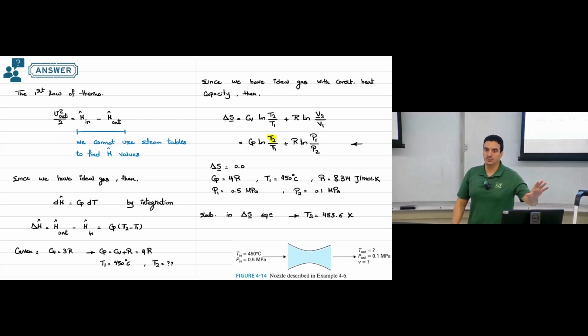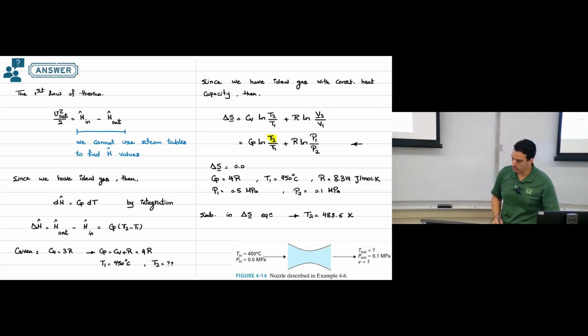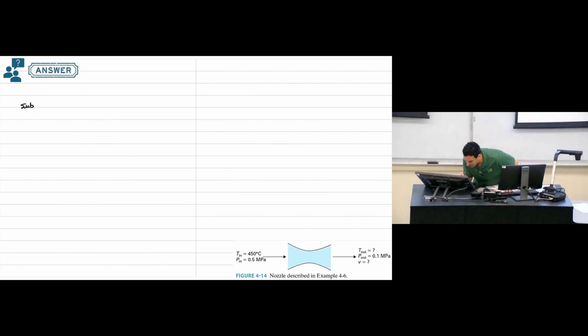So now we have T2, then we will go to the enthalpy change equation. So now substitute in delta H, which is H out minus H in, equals Cp times (T2 minus T1).